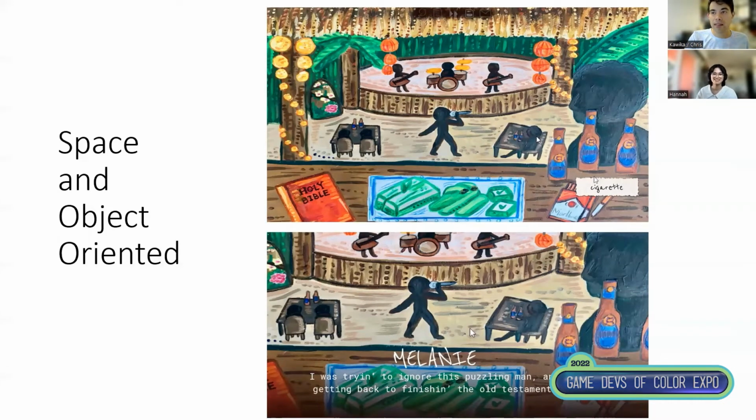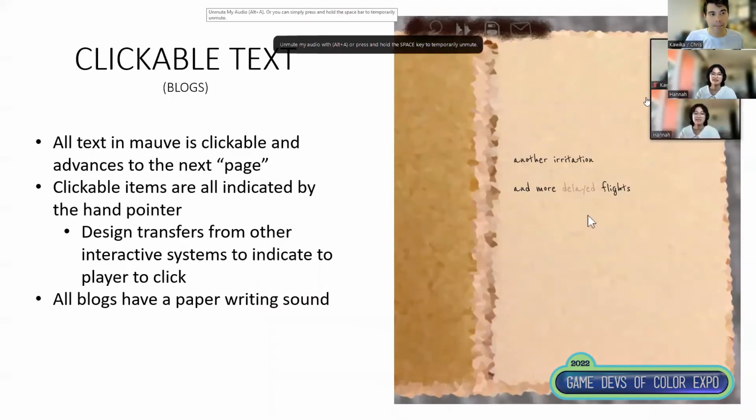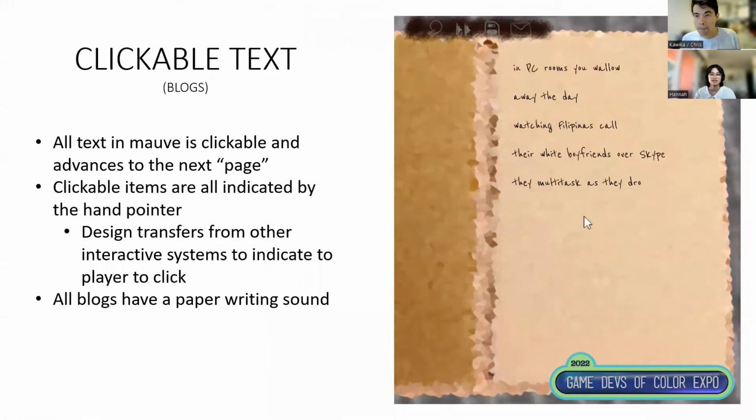Cool. Thanks, Kavika. So I'm just going to go over 4 different details of the game implementation. To start, all of the text in the blog portions of the game has clickable text that advances the text by virtually turning the page. And pretty standardly, the pointer changes to a hand when different types of text can be clicked.